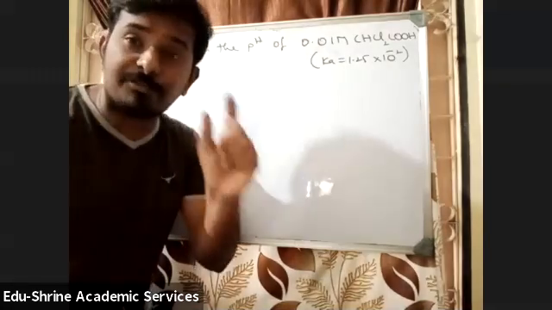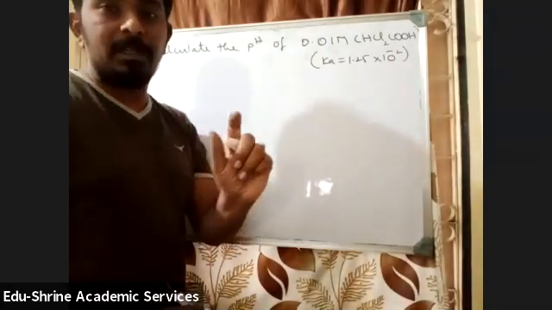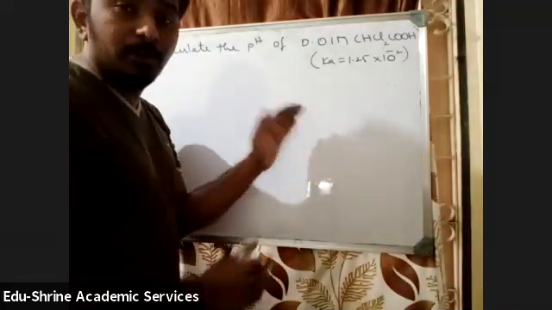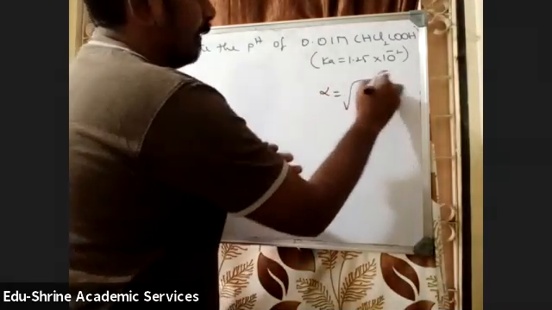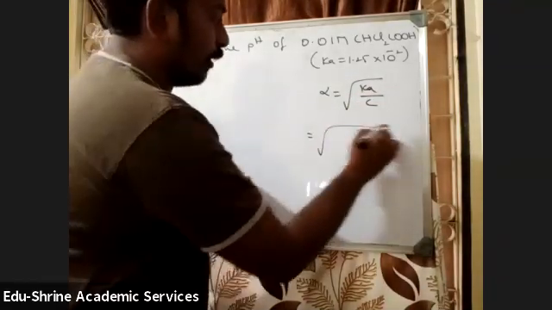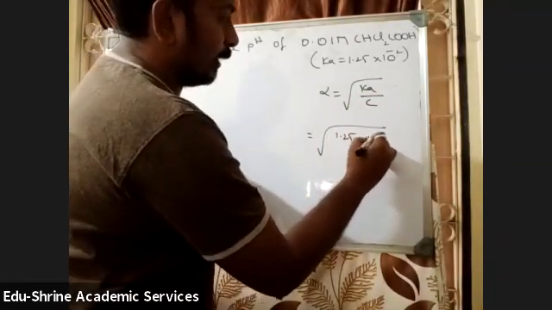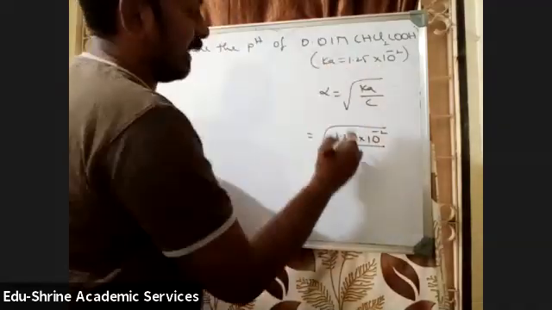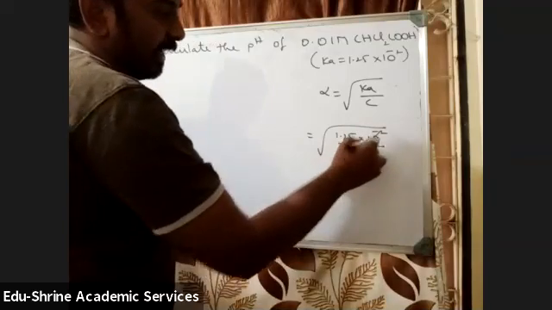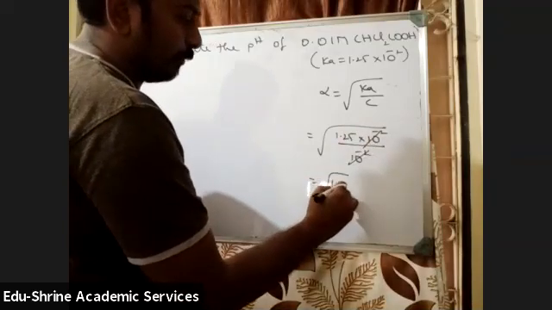Now first you need to check the condition of alpha, whether I can neglect the value of alpha or I should not neglect. So how will you know? You need to calculate the value of alpha. So alpha is root Ka by C, correct? Which is root of 1.25 into 10 power minus 2 by C value 10 power minus 2. These two get cancelled out. So this is root 1.25.